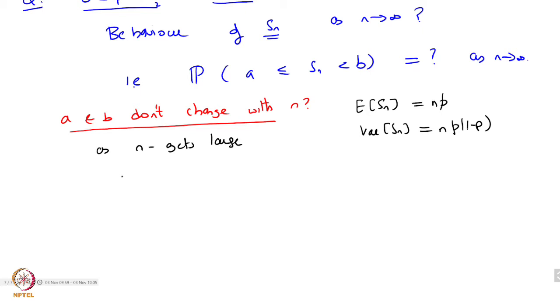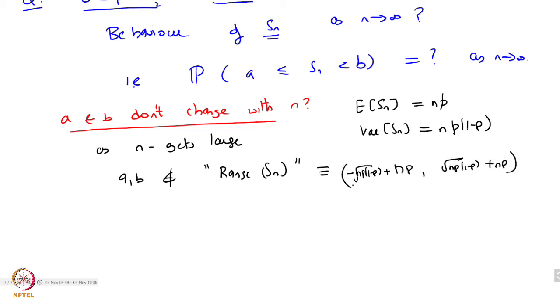So as n gets large, a and b will not belong to the quote-unquote range of Sn, that is, the mean of Sn minus the standard deviation, square root of n times p times 1 minus p, to the mean plus the standard deviation.